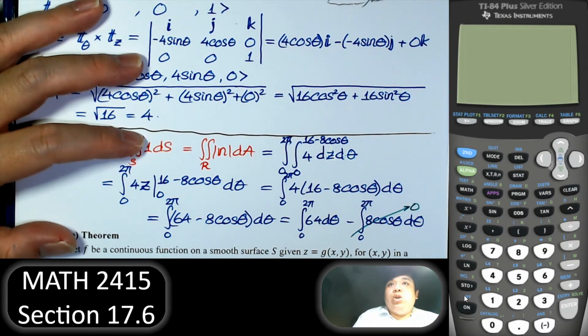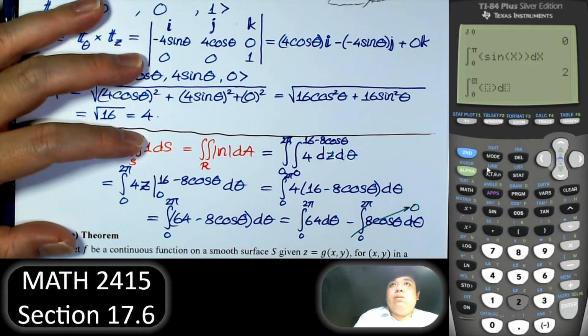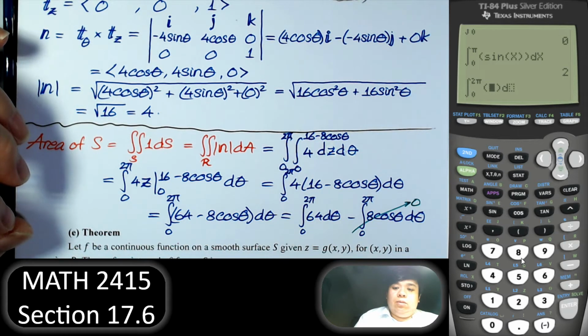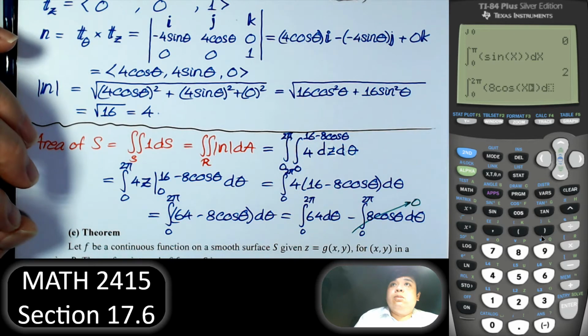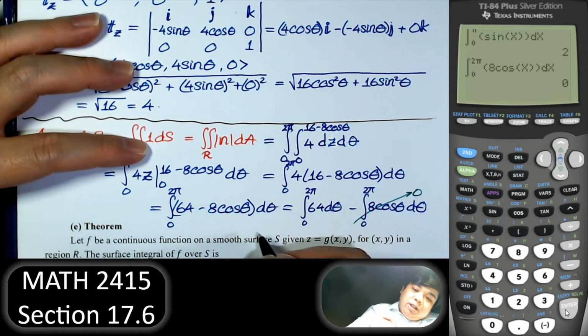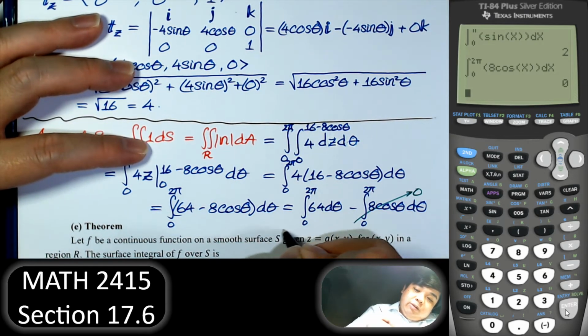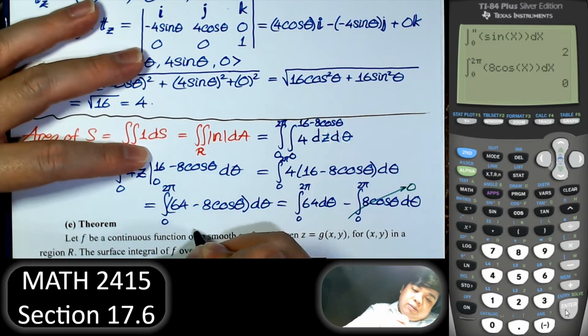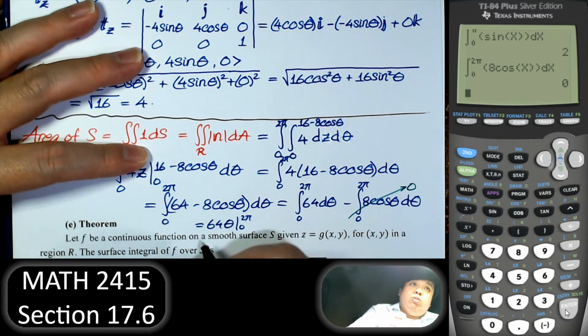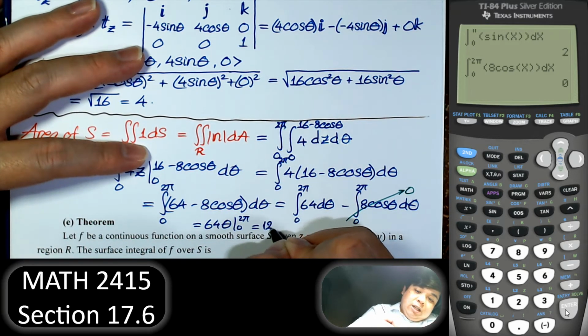Of course, we can always do that. There. So I have 64, and the integral here is just 64 theta from 0 to 2 pi. Put in 2 pi, put in 0, we have 128 pi.